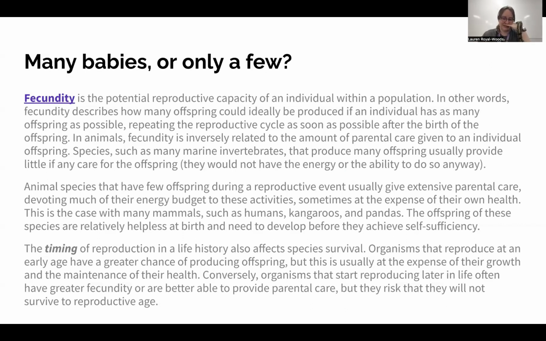Anyway. So timing of reproduction also affects species survival. There are some creatures that have babies at an earlier age. It's actually one of the reasons why we can get pregnant before we're adults. We're one of the rare mammals that don't have to hit adulthood to have kids, which of course brings up its own issues. But that's one of the reasons, because life expectancy before the Industrial Revolution was around 40.